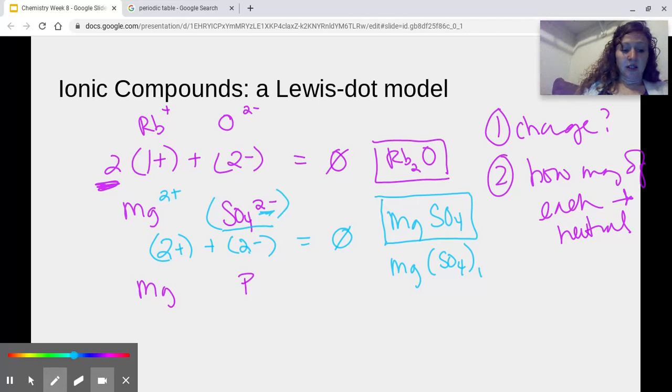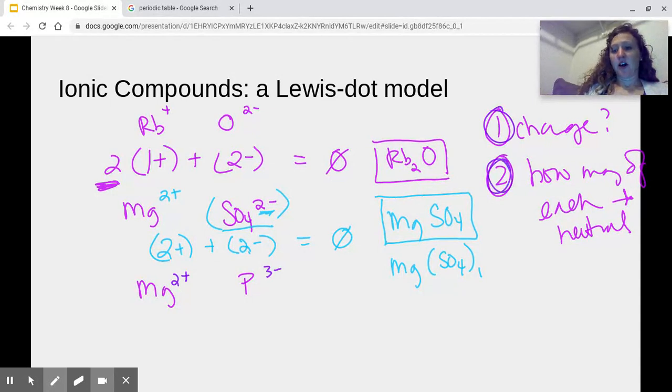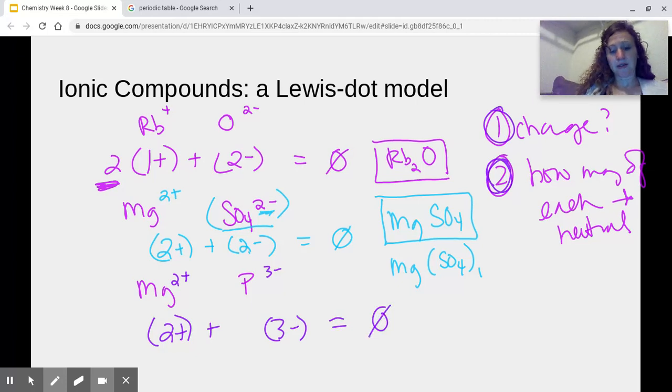All right, this is going to be the hardest one by far. Try this one. Let's think through the charge of each, a 2 plus and a 3 minus. Let's think of how many of each we need in order to add them up and come out to be neutral.